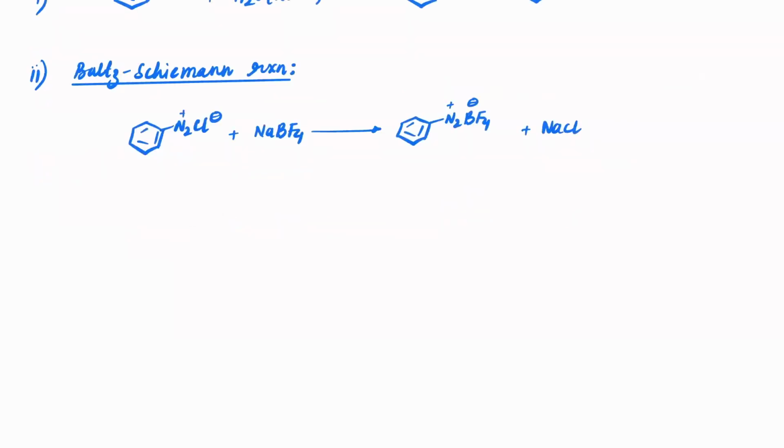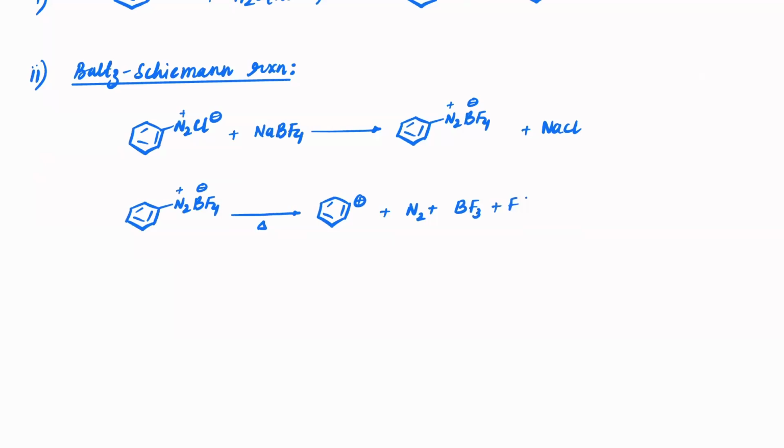Now when you heat this compound, you will start forming the carbocation first with loss of N2, then we get BF3 and F minus.